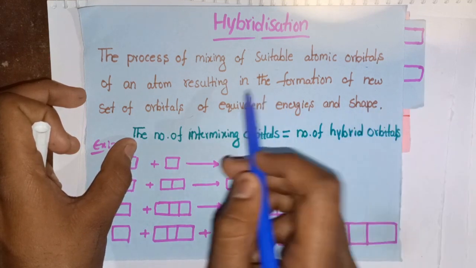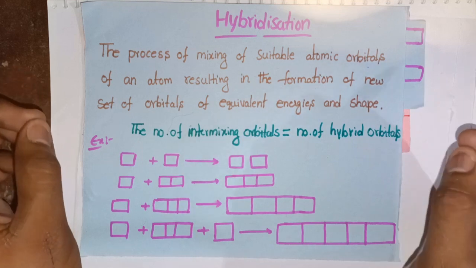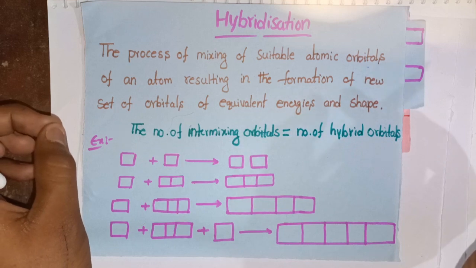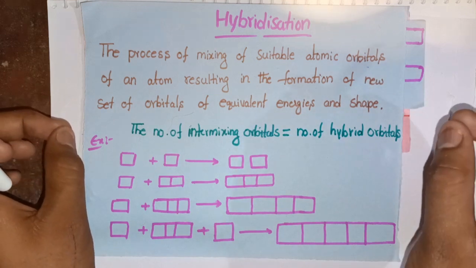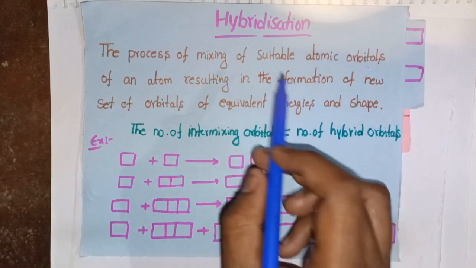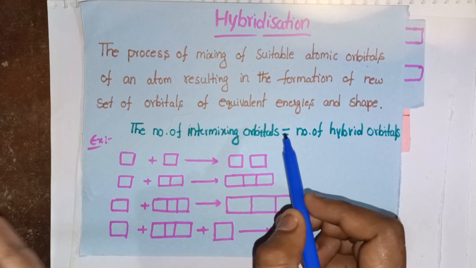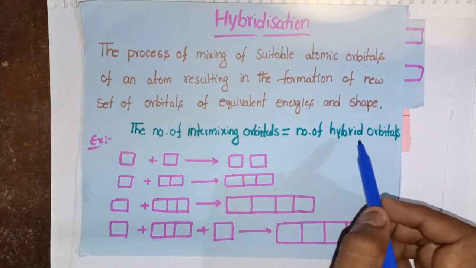It means the intermixing of atomic orbitals which have the same energy, giving new atomic orbitals. They are called hybrid orbitals, and this phenomenon is called hybridization. The number of intermixing orbitals is equal to the number of hybrid orbitals.